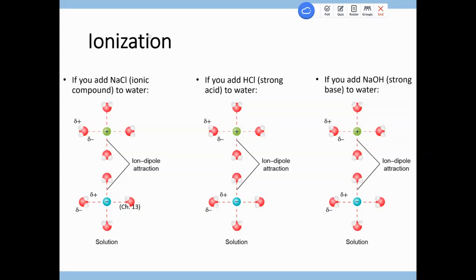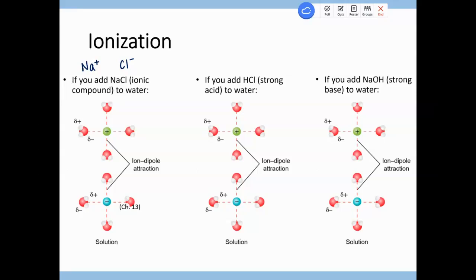If you add an ionic compound like sodium chloride, which is a metal and a nonmetal that makes it ionic, it completely dissociates into Na+ and Cl-. The cation, sodium, is attracted to the negative oxygens, the red in water, and the anion, chloride, is attracted to the partial positive hydrogens in water, and so it dissolves in water.